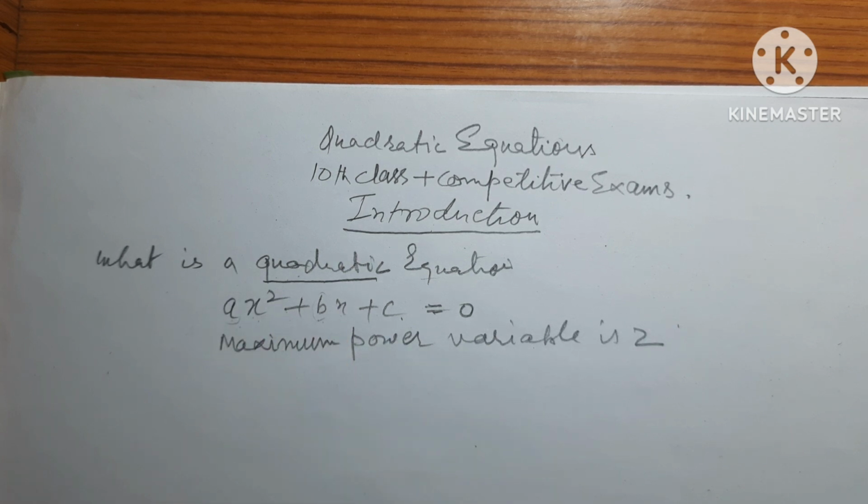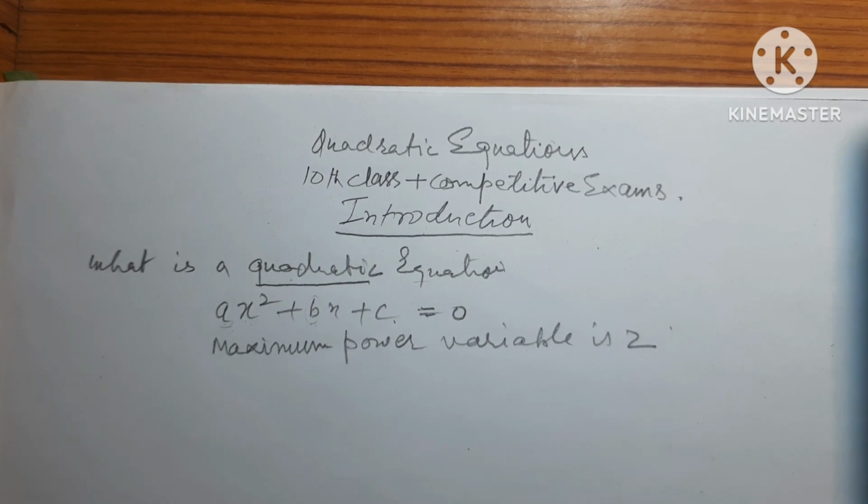Now the next is how we can form an equation, or before forming an equation, how we can check whether the given equation is a quadratic or not. So let us take one example.